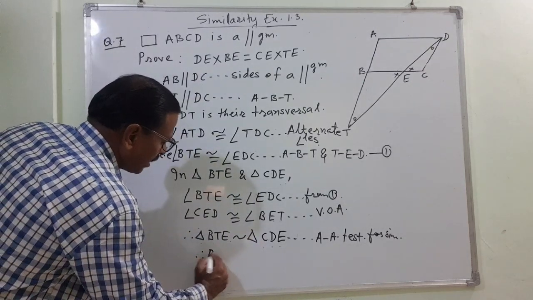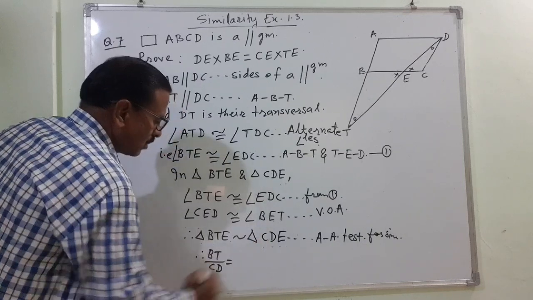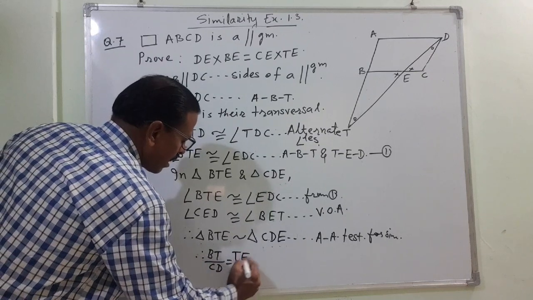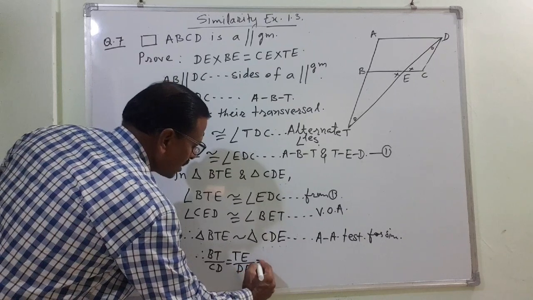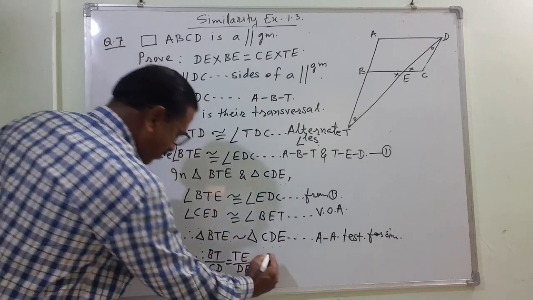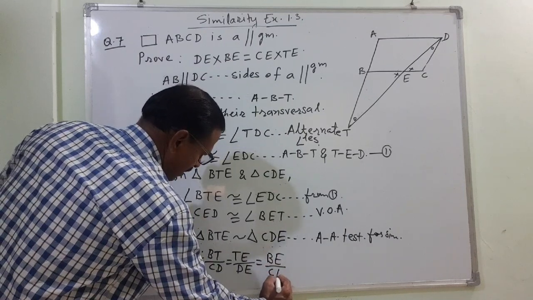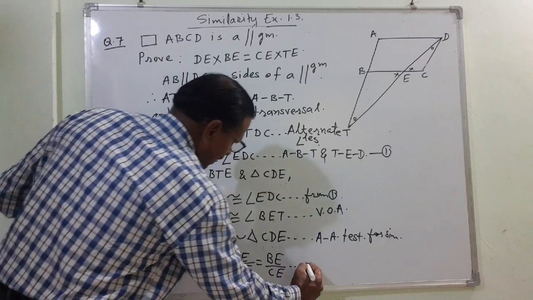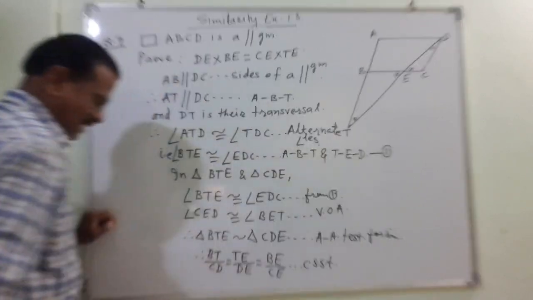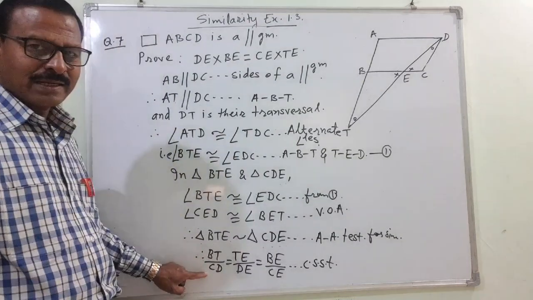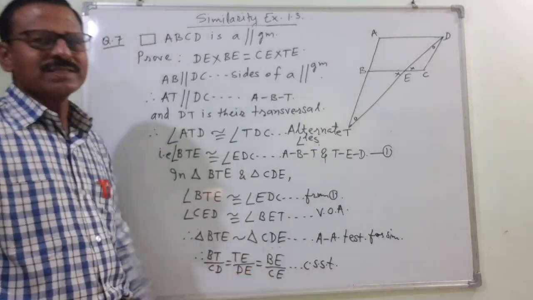Therefore, BT upon CD is equal to TE upon DE, is equal to BE upon CE.